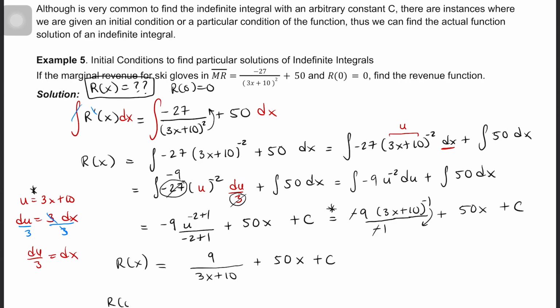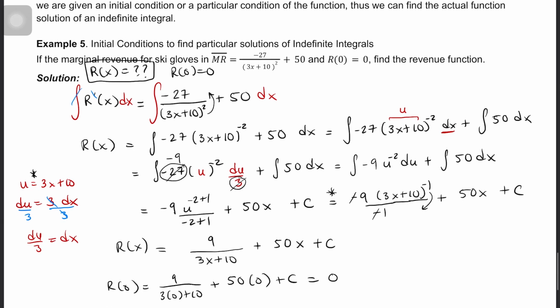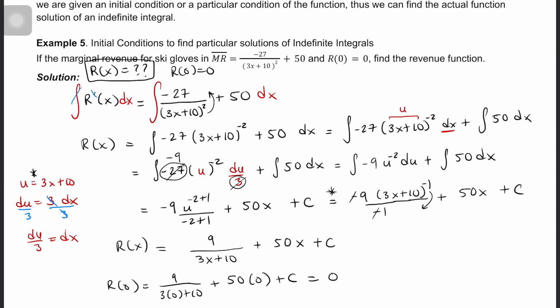So r of 0 is going to be 9 over 3 times 0 plus 10, plus 50 times 0, plus c, and according to the given information, this equals 0. So this is 9 over 10, plus 50 times 0, which is 0, plus c equals 0.